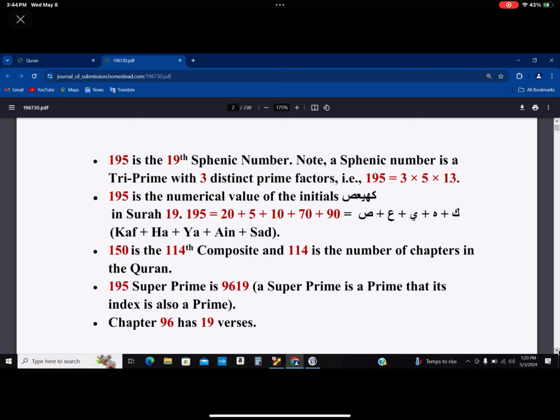Okay. So 195 is the numerical value of the initial letters kaf, ha, ya, ayn, sad in chapter 19. And I wrote it down here, spelled it out, in Surah 19. So 195 is equal to 20 plus 5 plus 10 plus 70 plus 90, which is 195. Okay?